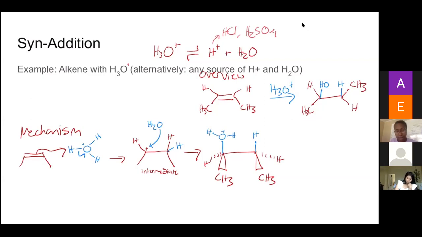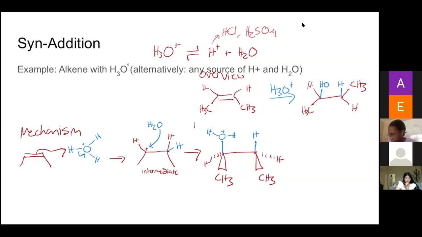What happens is this oxygen gets deprotonated by another water molecule, because as we discussed earlier, we have this reaction up top going on continuously, where the H3O+ dissociates into H+ ions and water molecules.